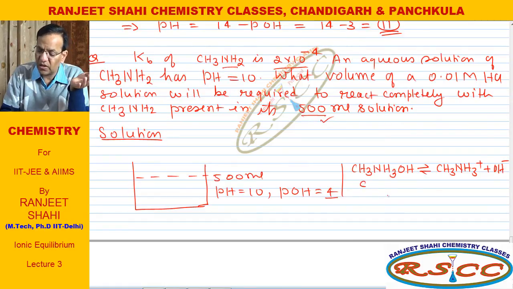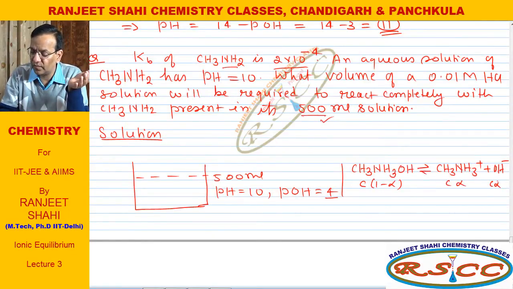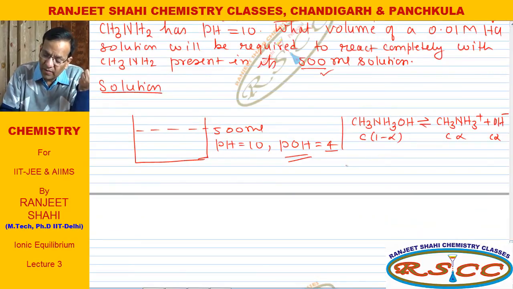If C is the concentration of this weak base and alpha is the degree of ionization, so it will be C(1 minus alpha), C alpha, C alpha. Now we don't know C, so we cannot apply the Ostwald equation to check the value of alpha where it lies. But what we know is the concentration of hydroxide ion, which is 10 raised to the power minus 4 molar. So C alpha is known, it is 10 raised to the power minus 4 molar.